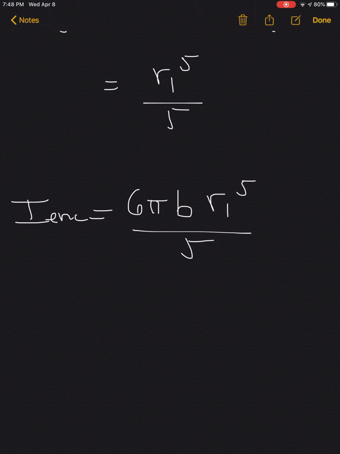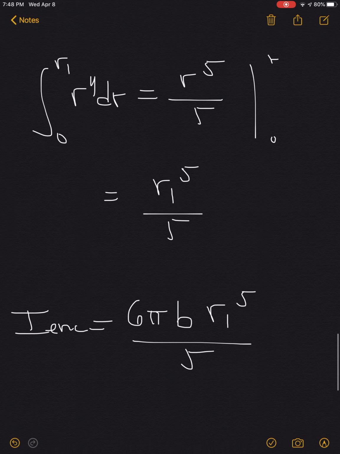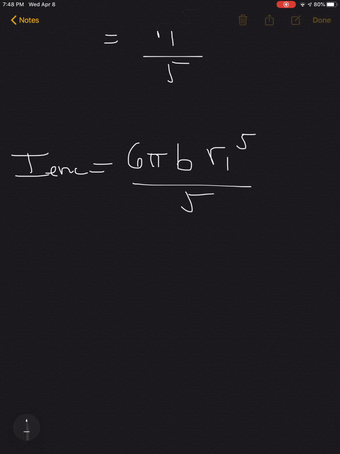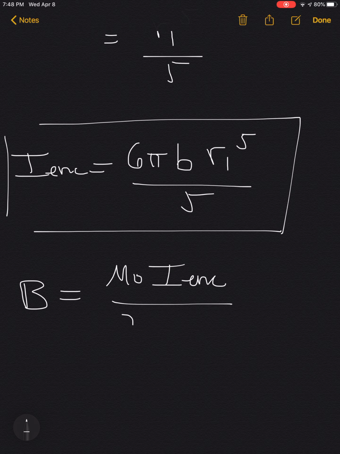Let's make sure that that's correct. Yes, looks like it's okay. So that's our I enclosed. And then we had that B was equal to mu naught I enclosed over 2 pi r1.